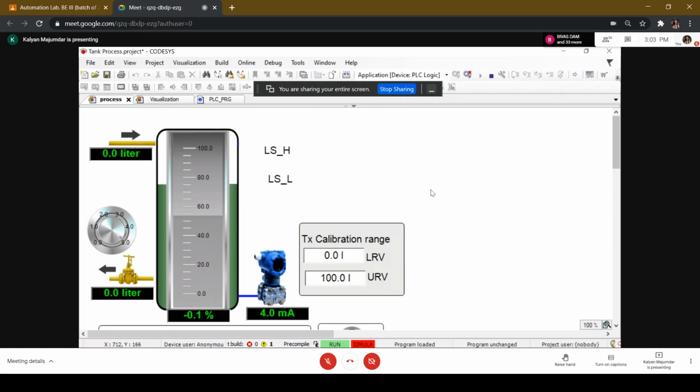Outflow rate is the volume flowing out of the tank per unit time, per second. So if the inflow rate is greater than the outflow rate, a certain volume of water, the difference between the two, what happens to that? That is accumulated, that is stored in the tank. The volume of water accumulated in the tank per unit time is inflow rate minus outflow rate.